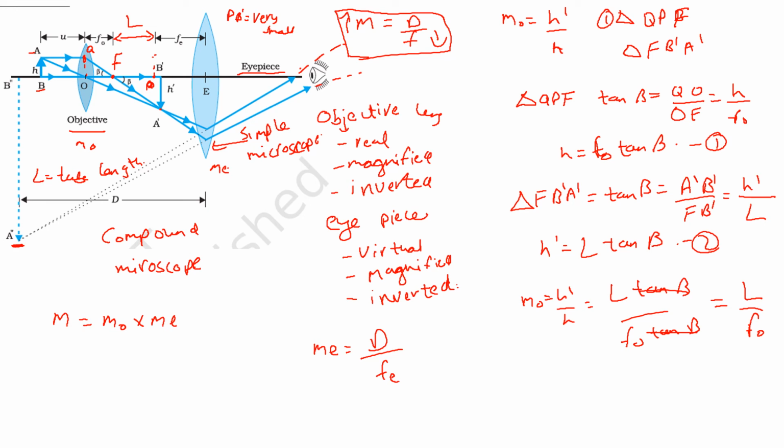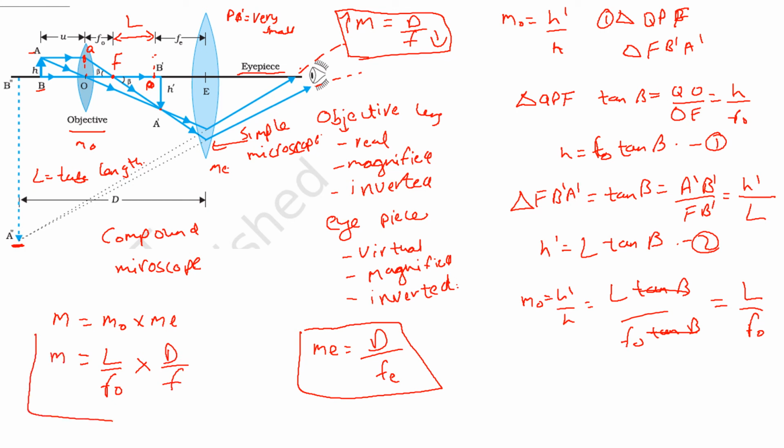Fe is the focal length of eyepiece. So we have got MO as well as ME. I can write MO is L upon FO into ME is D upon Fe. So this is the final magnification for a compound microscope.